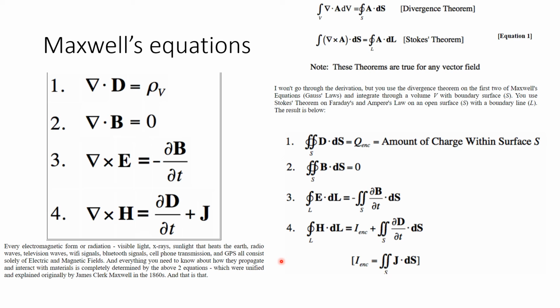And everything you need to know about how they propagate and interact with materials is completely determined in the above equations, which were unified and explained by James Clerk Maxwell in the 1860s. So this is the sole content of a course that you would take in your physics that's called electricity and magnetism. And this would be a core part of your curriculum if you were studying to be an electrical engineer.